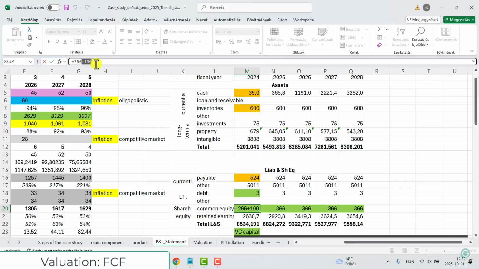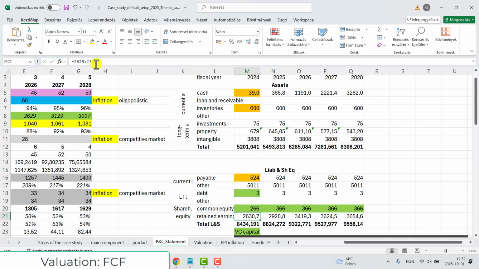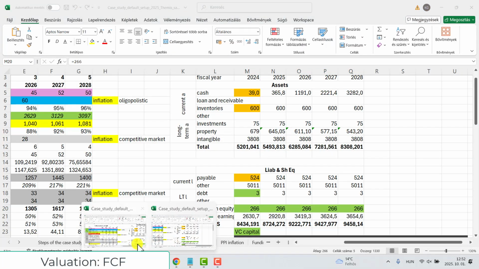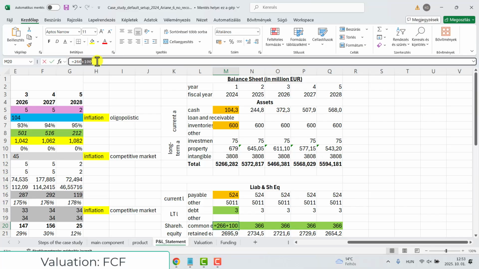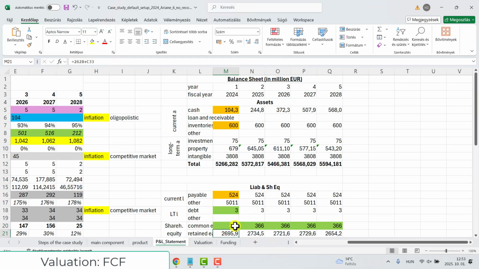Why is this 100 there? This will be my additional financing need, but right now I don't have this. So, yeah. And also I have to check that in the original setup, we also had this 100.